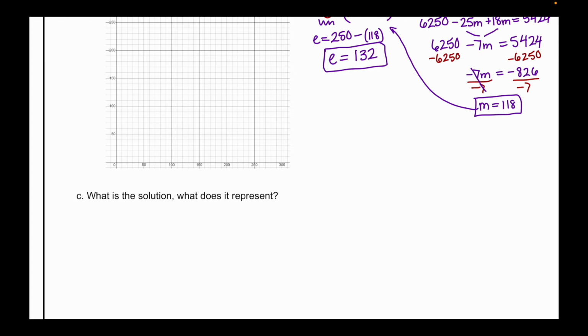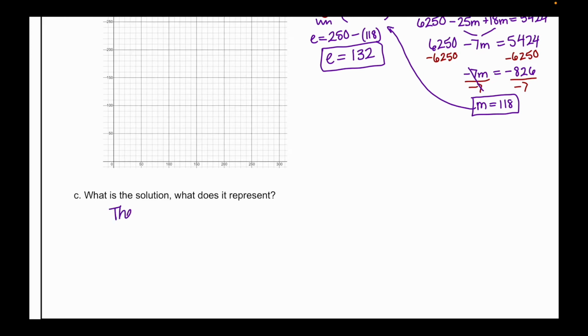It's the number of tickets, so I can say they sold 132 evening tickets and 118 matinee tickets.